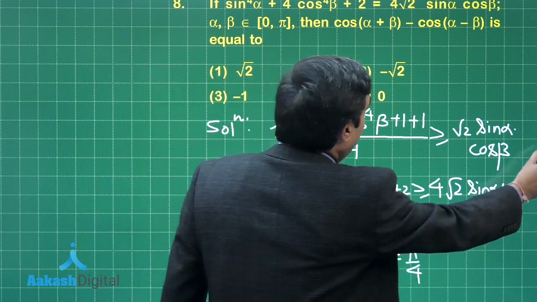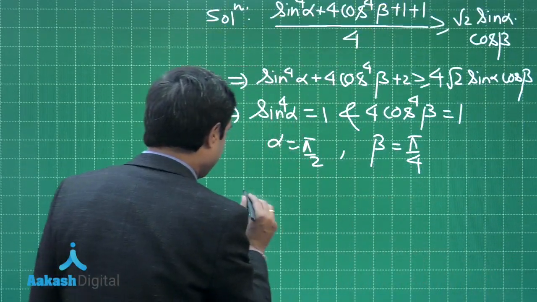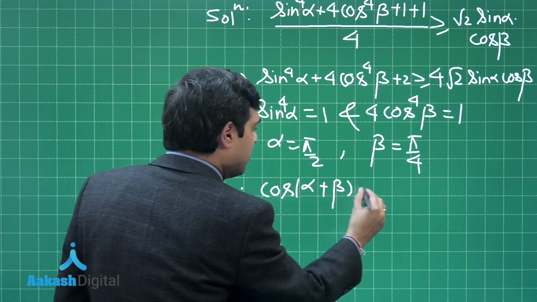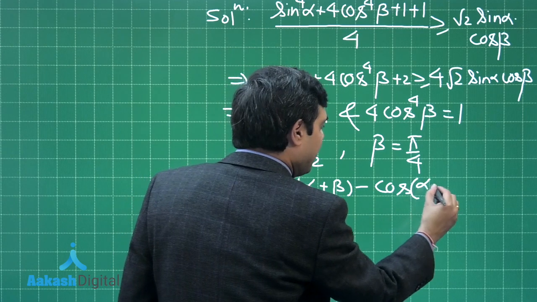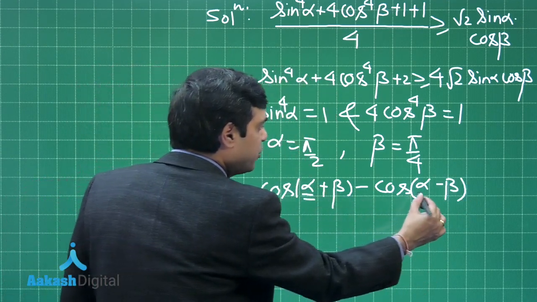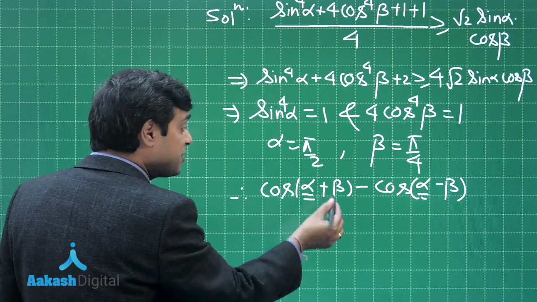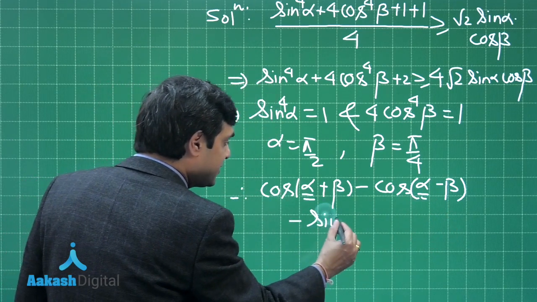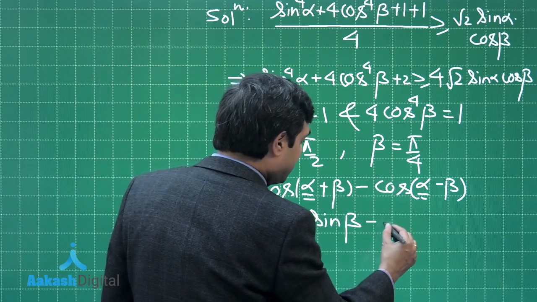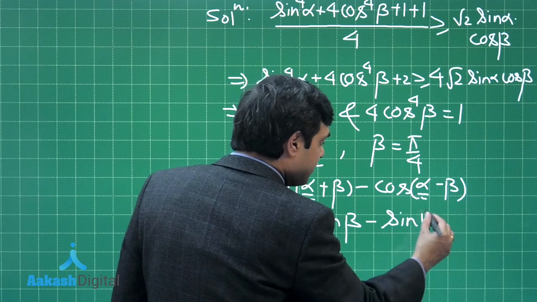Correct. Now, we are looking for cos(α+β) - cos(α-β). Since α is π/2, substitute this value π/2 here. So, you get cos(π/2 + β), that is -sinβ, correct. cos(π/2 - β), that is minus again here sinβ.